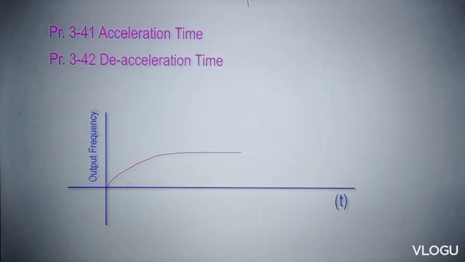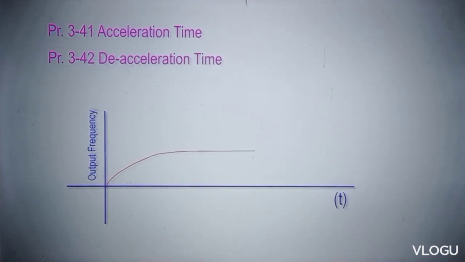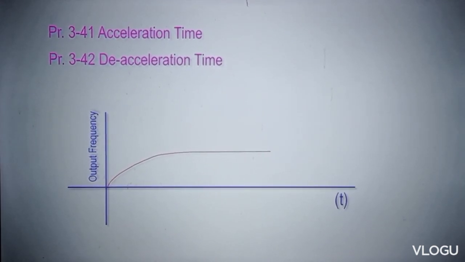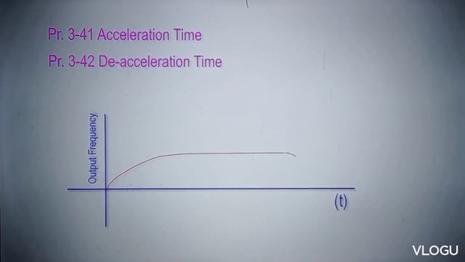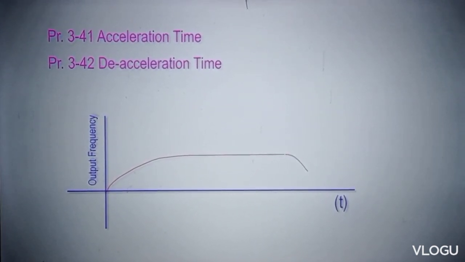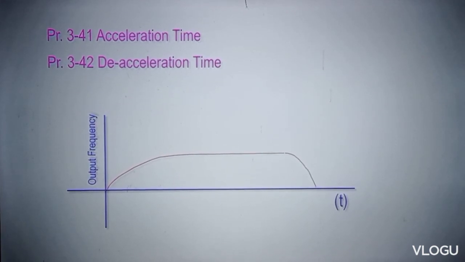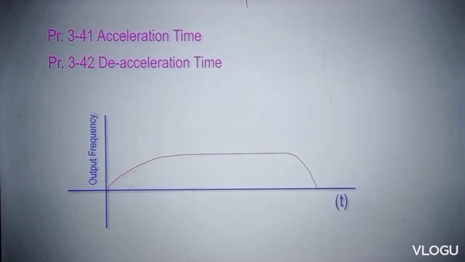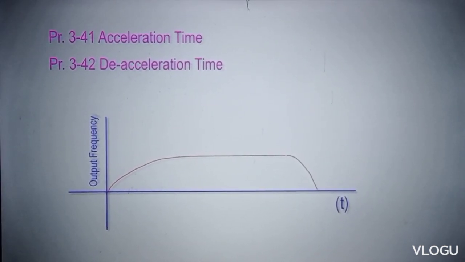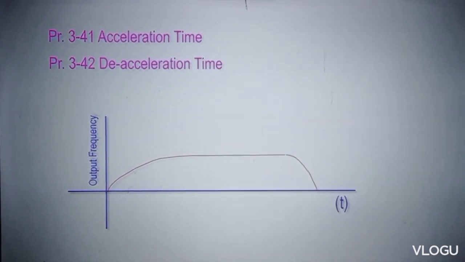It can be set between 3 to 15 seconds. The deceleration time is the time in which the motor goes from its maximum RPM to 0 RPM. Again, it depends upon the motor size and how much load we have connected to it. It can be set between 1 to 5 seconds.